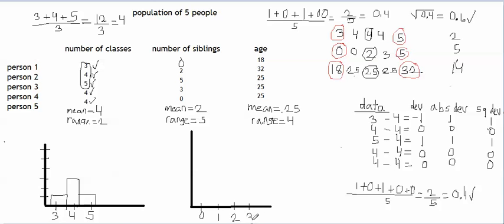That distorts the shape of the graph. We'll include 4 also, even though 4 doesn't appear. How many zeros do we have? We have 2 zeros. How many 1s? We don't have any. We have 2 twos, 1 three, and 1 five. These bars are supposed to be touching in this type of graph.